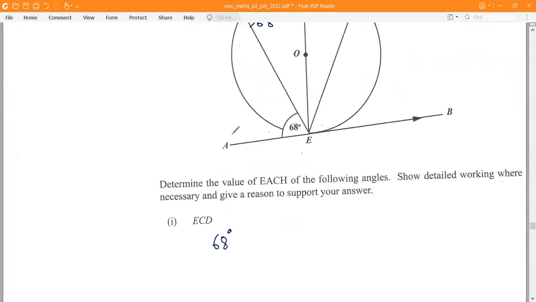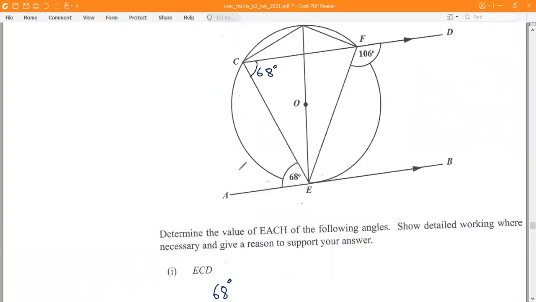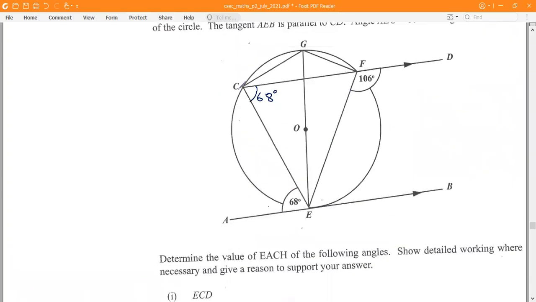Angle CEG now. Going from C to E to G, the middle letter is where the angle is located. Now we recognize that OE is a radius and AB is a tangent.